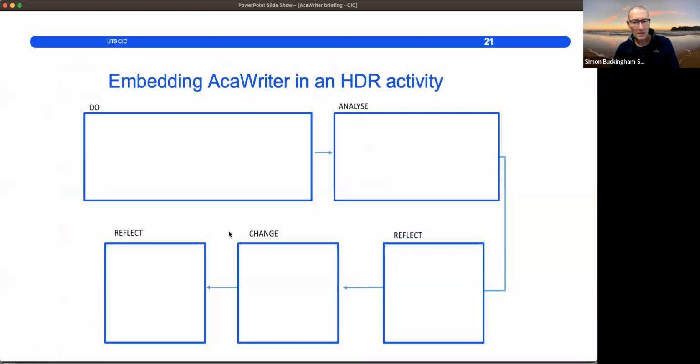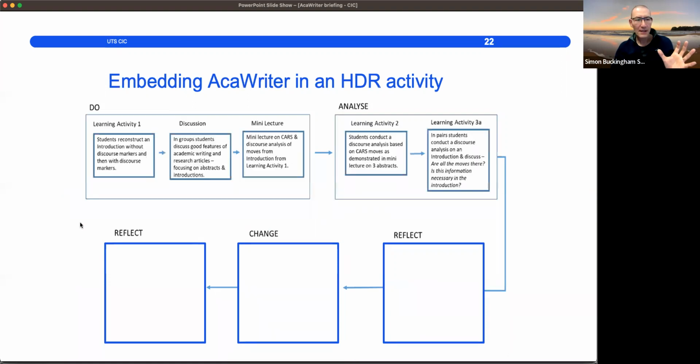Here's another of those learning design patterns where we designed a workshop for students. First of all, face-to-face, then we moved it online. And you can see we've got some broad phases of activity: do, analyze, reflect, change, and reflect again. So that's the high-level learning design pattern. And then here are the actual activities we've got the students to do.